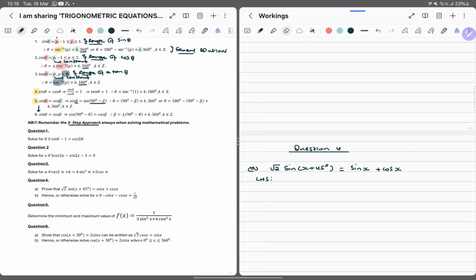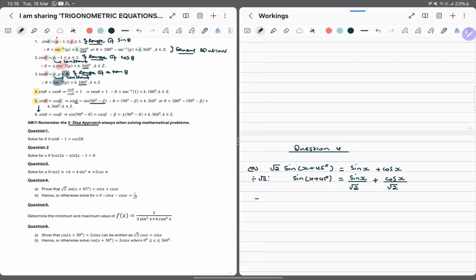Right. Okay, maybe let's do it like an equation, just to show you something special. In maths, we are allowed to divide by anything we want. So this time we're going to divide by square root 2. So we isolate sine of x plus 45 degrees, which is equal to sine x over square root 2 plus cos x over square root 2.